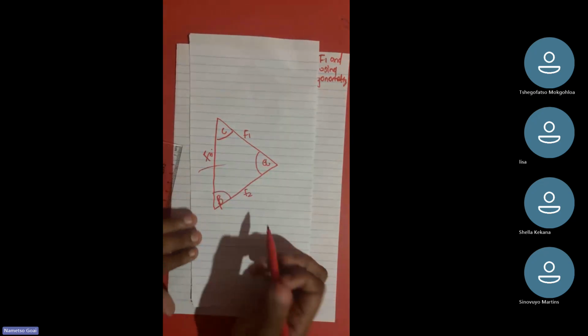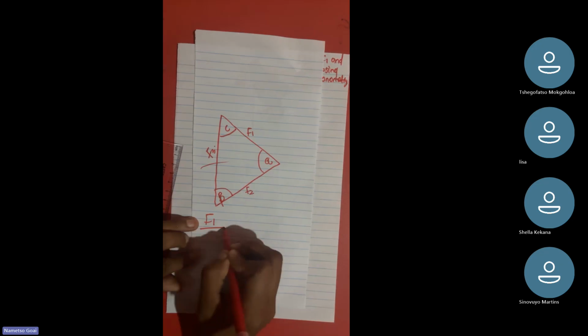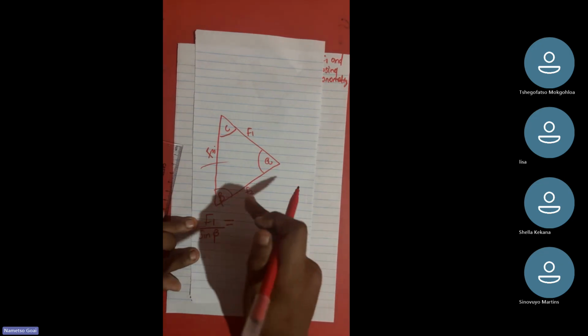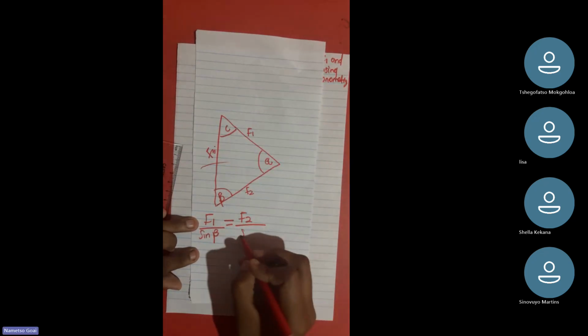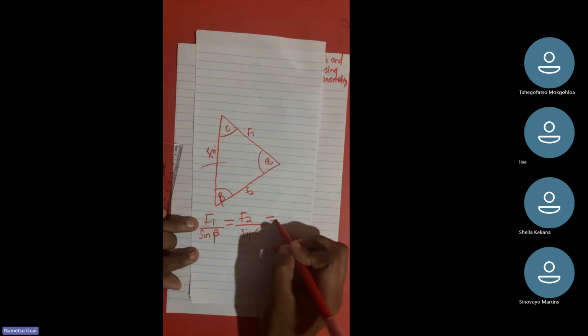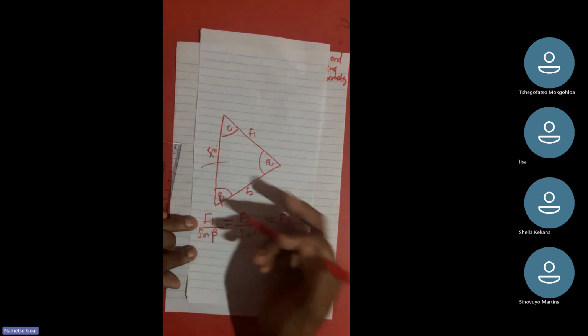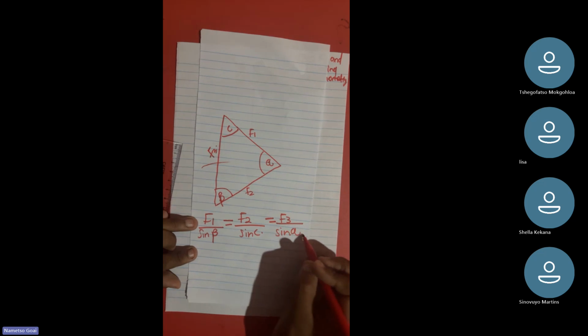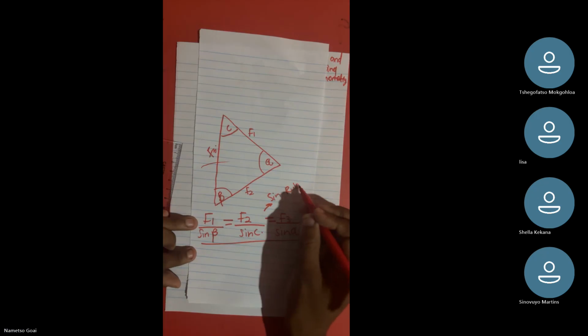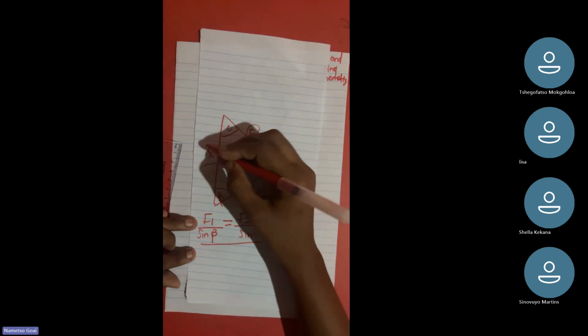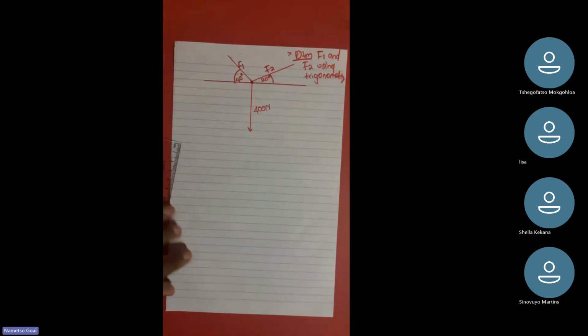So in this case over here, it would be F1 divided by sine beta equals F2 divided by sine C, which will be equal to F3 divided by sine of alpha. This is the sine rule. This is when we're trying to find out what these sides are. So now, if we look at this, right?